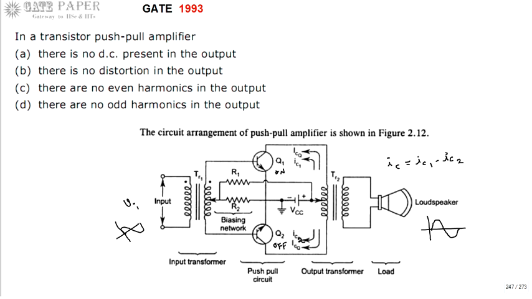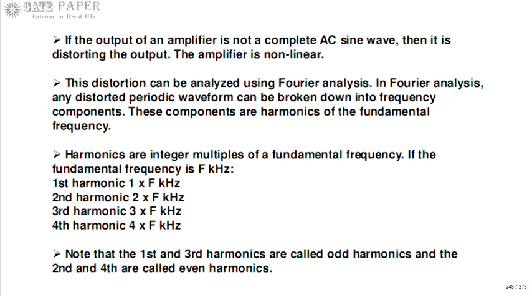Whenever that happens, harmonics are introduced in the output. If the output of an amplifier is not a complete sinusoidal signal, the output is said to be distorted, and the amplifier is considered non-linear. This distortion can be analyzed using Fourier analysis.